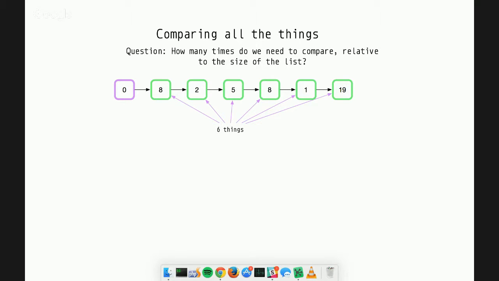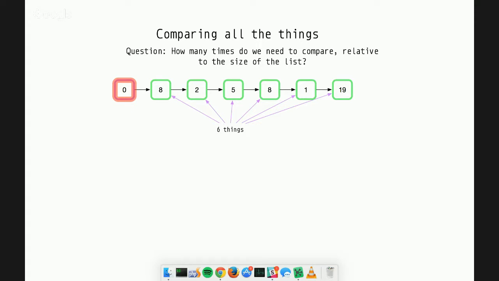So for every single element, we want to compare 0 to 8, we want to compare 0 to 2, we want to compare 0 to 19. We also want to compare 2 to 8, and 2 to 1, and 2 to 19. And so what we can do, which is kind of common, is start here, iterate through the list, and then move on to here, and then compare that with everything, and then move here, and then compare that with everything here. And that way we're going to end up comparing all the elements.